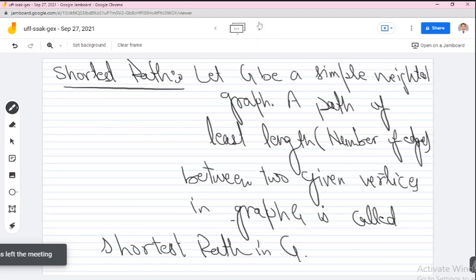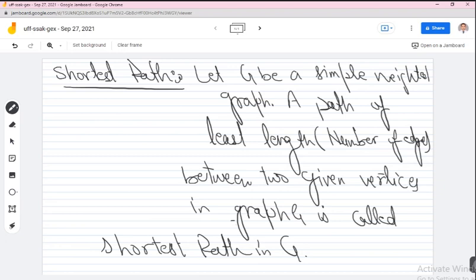Now, to find the shortest path in a weighted graph, there are several well-known procedures or algorithms to solve this problem, but we will discuss Dijkstra algorithm.